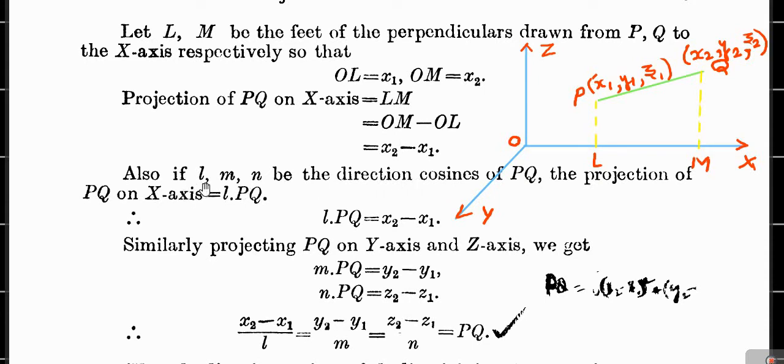So the projection is L into PQ, but the projection on the x-axis is also x2 minus x1. Equating these two, since the left hand side is the same, we equate the right hand side. This gives us L into PQ is equal to x2 minus x1.